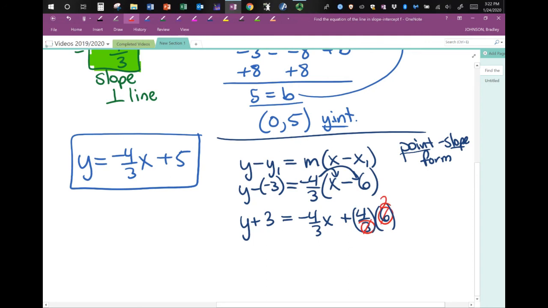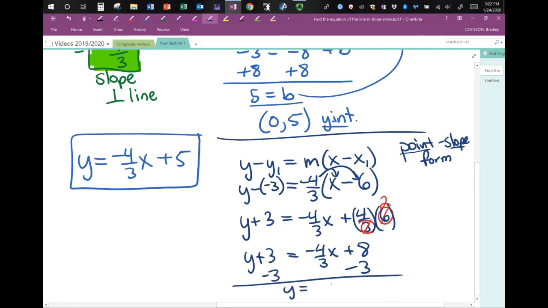The 4 and the 2 give you a positive 8. So now we will have this equals this plus 8. But we're almost done. We have to subtract by 3. That was kind of a funny 3. Subtract by 3 to get y = -4/3 x + 5.